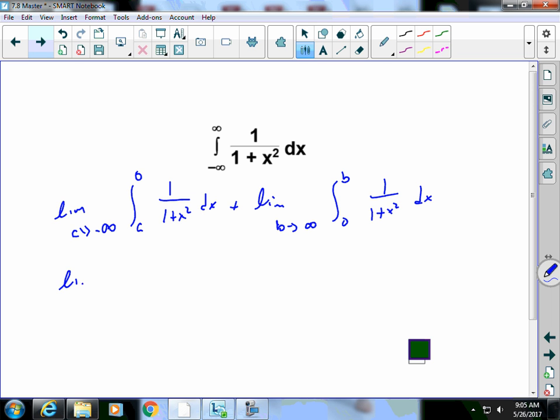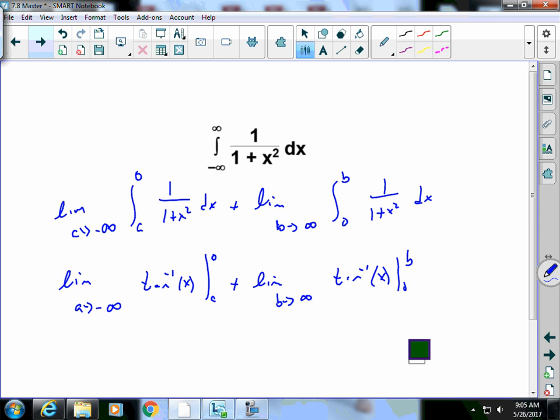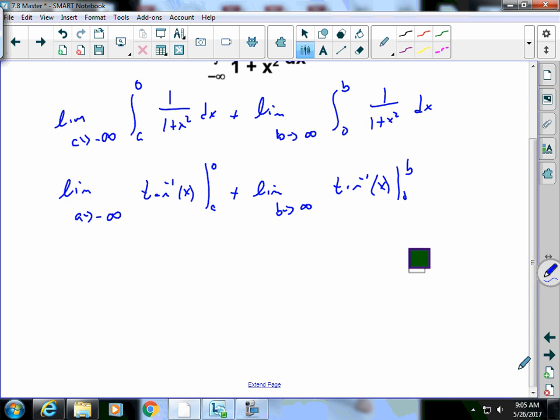And now I'm going to look at the limit as a approaches minus infinity of the arctan of x from a to 0, plus the limit as b approaches infinity of the arctan of x from 0 to b. And as we saw in the last slide, we know what arctan looks like.